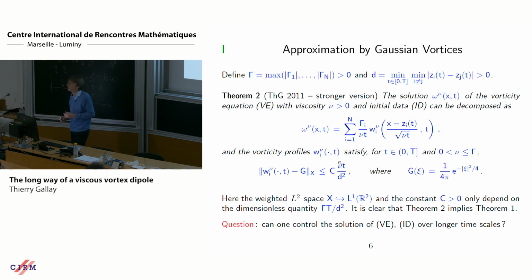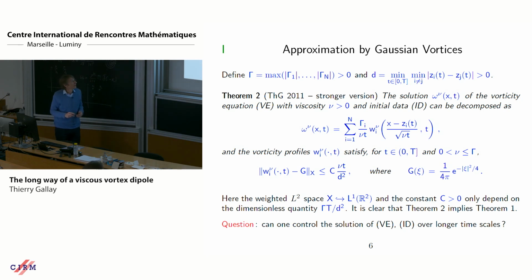It's controlled by nu t over d squared, where d is the distance between the vortices and nu is the viscosity, so for fixed time as nu goes to 0, this is very small. So you can control the solution of the Navier-Stokes equation by a superposition of Lamb-Oseen vortices, the centers of which follow the trajectory given by the point vortex system.